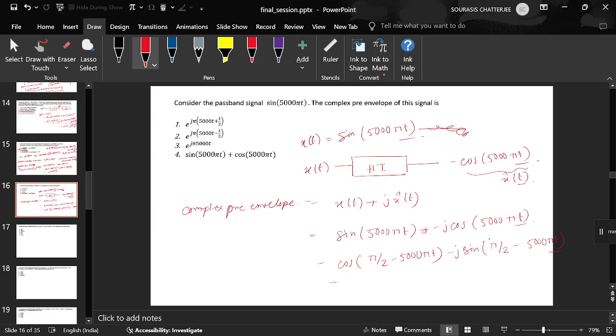Now this minus sign needs to be taken inside to convert it to an exponential sinusoid. So this we do first: j sine of 5000 pi t minus pi by 2. For cos it will remain the same because cos of minus x is equal to cos x.